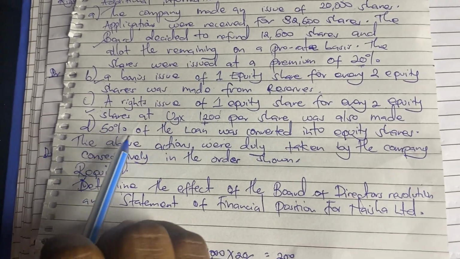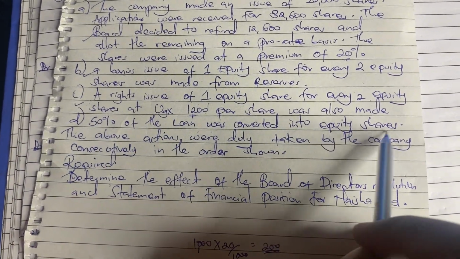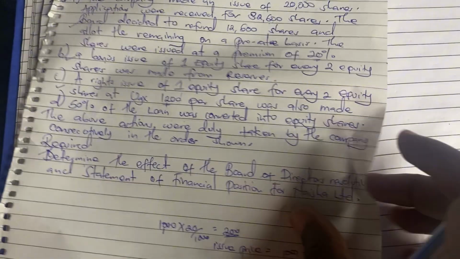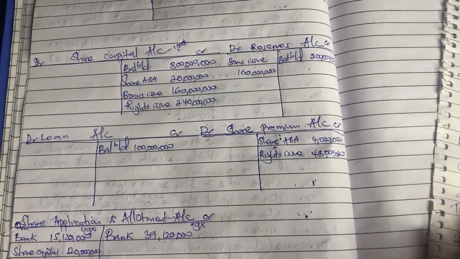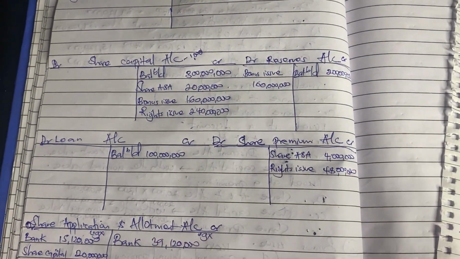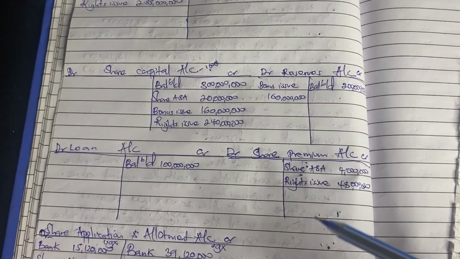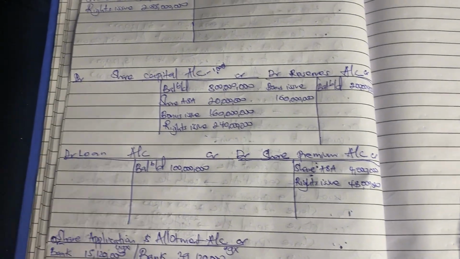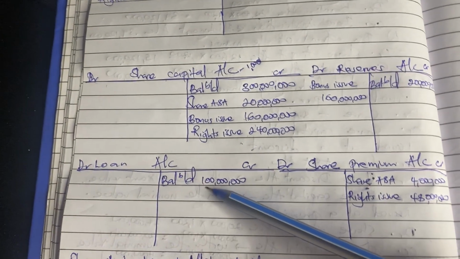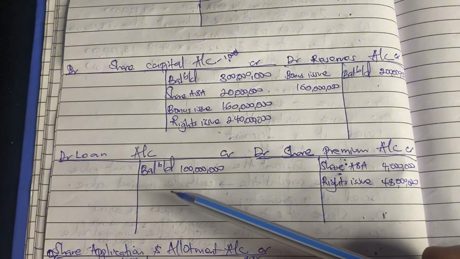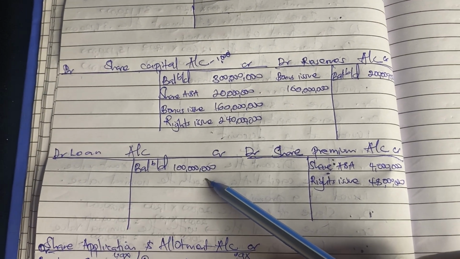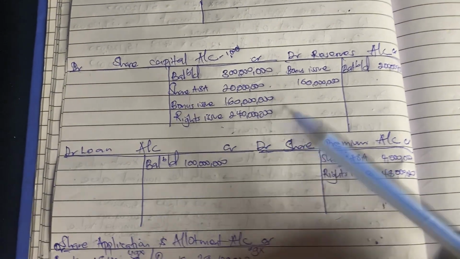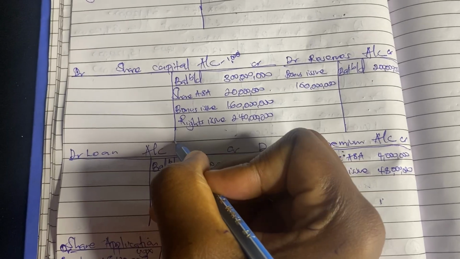Then they've said 50% of the loan was converted into equity shares. So this is the loan that we had. Where is our loan account? It is here. The opening balance was 100M, but they're saying 50% of it was converted into equity. So meaning equity is increasing.